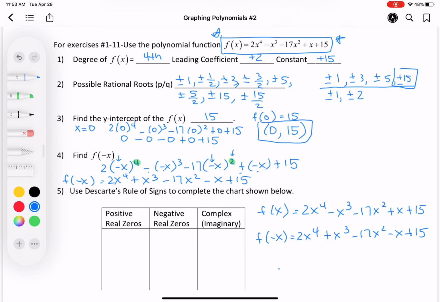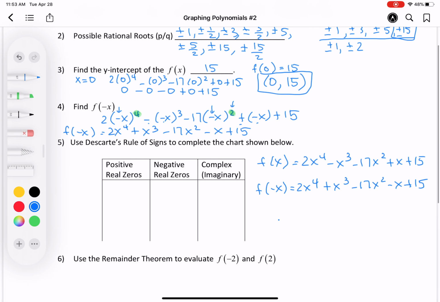All right, and we're going to fill in the chart. So this should look familiar because we did this as a homework assignment. Okay, we're going to find where our signs change. So here it went from positive to negative, that's a sign change. Negative to negative, not a sign change. Negative to positive, yep, the sign changed. Positive to positive, no, it didn't. So here we would have two positive real zeros.